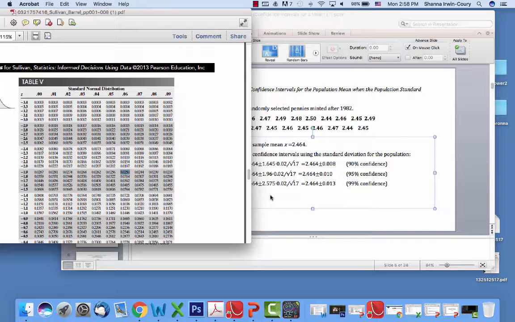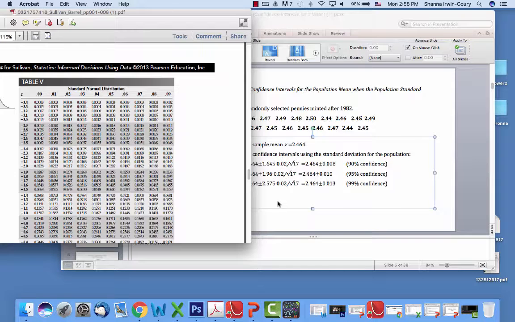Half of 0.01 is 0.005. There's 0.0049 and 0.0051. So it's right between these two, negative 2.57 and 2.58. So 2.575, just splitting the difference there as well. That's where those three come from.